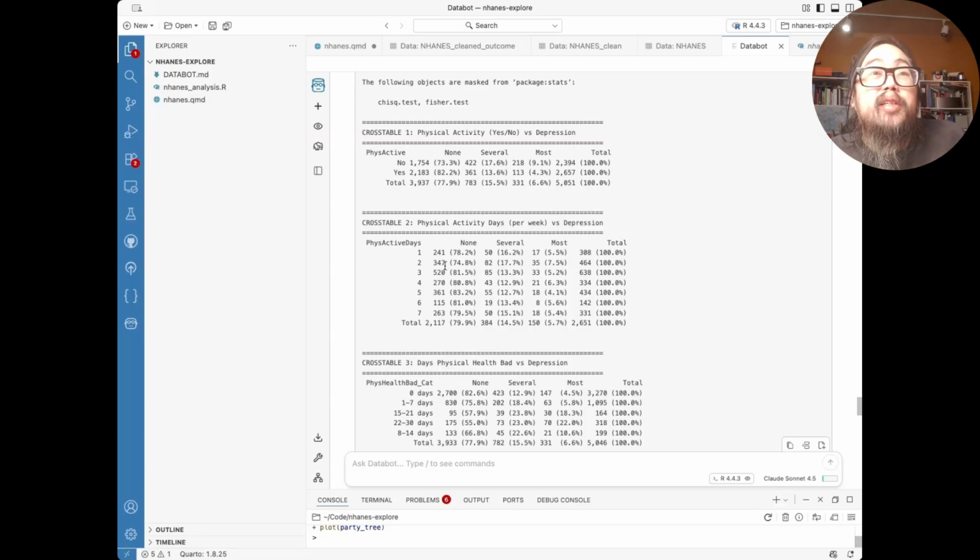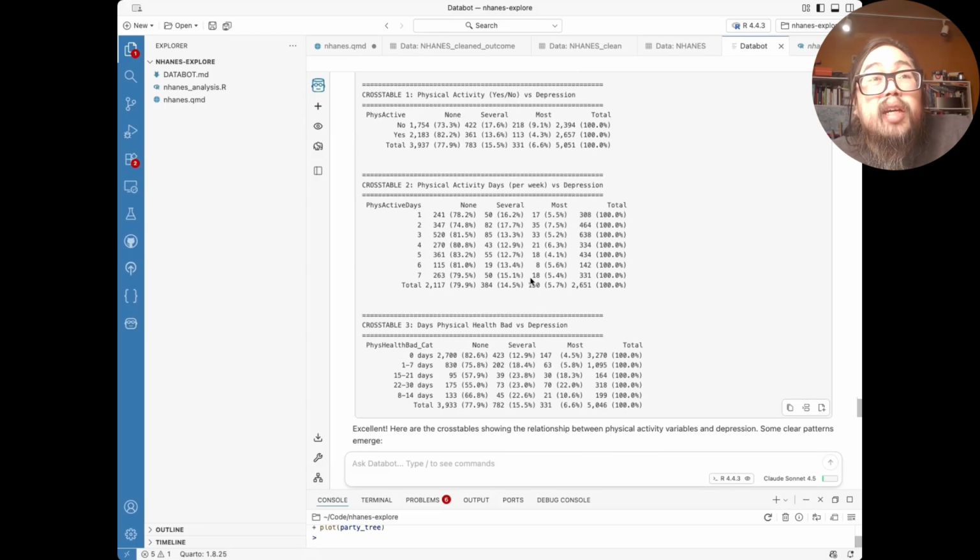Largely these numbers seem to be holding pretty constant in terms of the percentages. This one I'm not super convinced by because the percentages are all within margin. I would argue the same thing about here. So I'm not sure physical activity days are really that informative to my analysis, but I'd have to do some further work downstream.